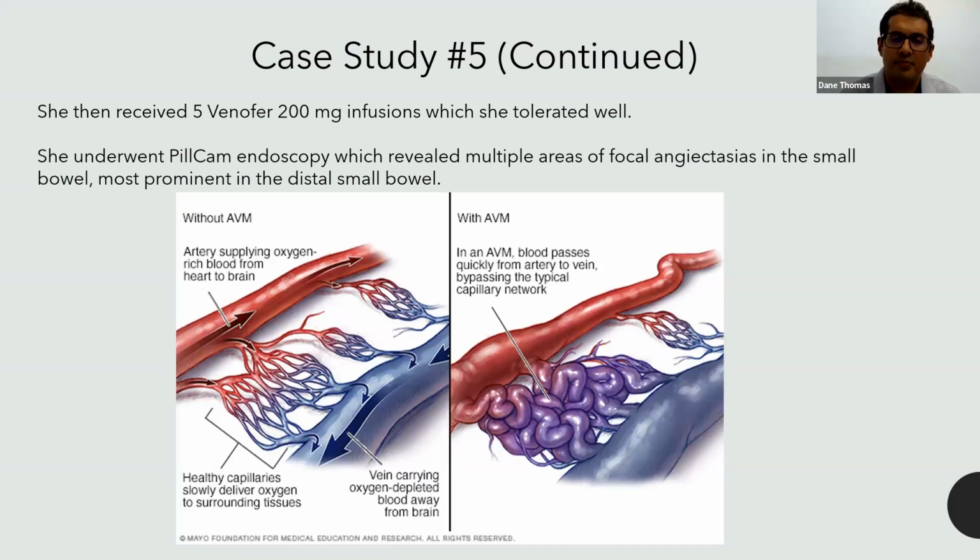We commonly find this in patients that are older and are also on anticoagulation with either aspirin or some of the stronger blood thinners. These patients will chronically need iron supplementation for the rest of their lives. And this picture here is for your reference in describing what an AVM is and how it looks.